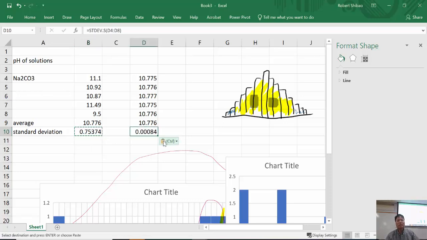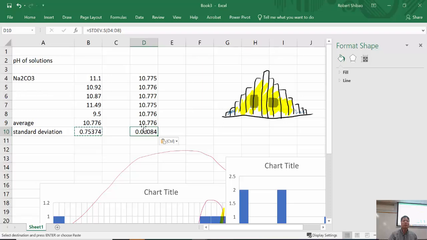Now take a look at the two standard deviations. Do you see that this standard deviation here is quite huge? It's 0.75, whereas this standard deviation is quite small, which means that there's like a 67% chance that the true value lies within plus or minus this range. So it's the average plus or minus this range.